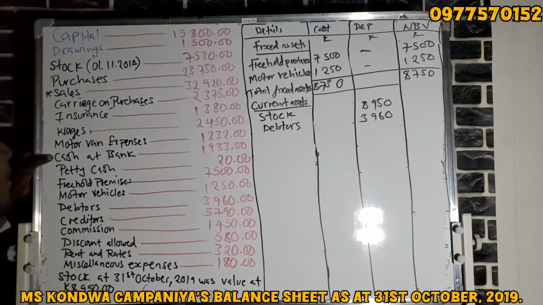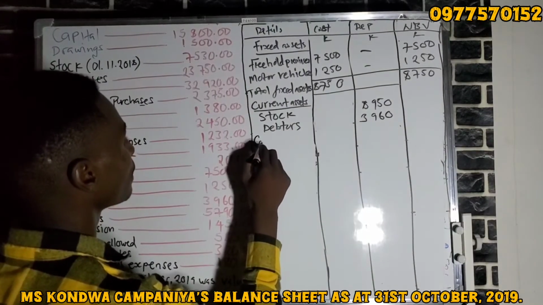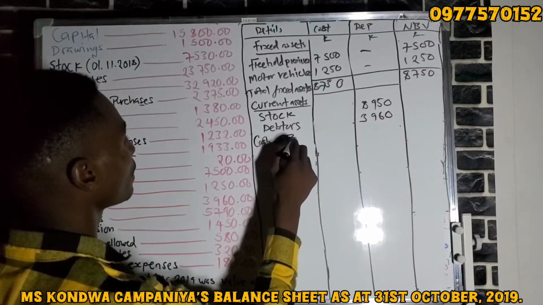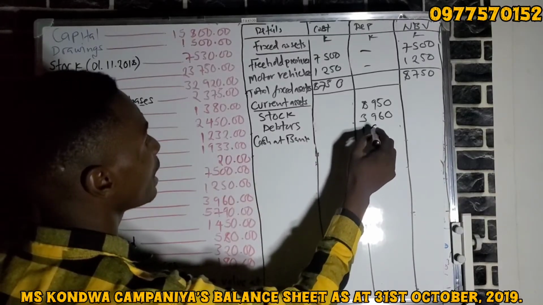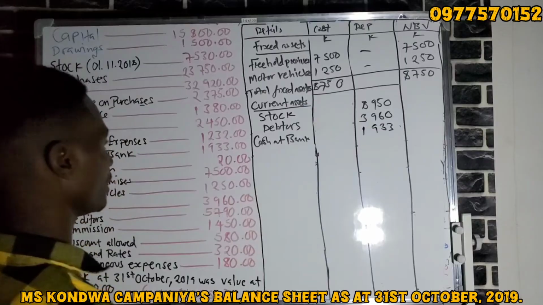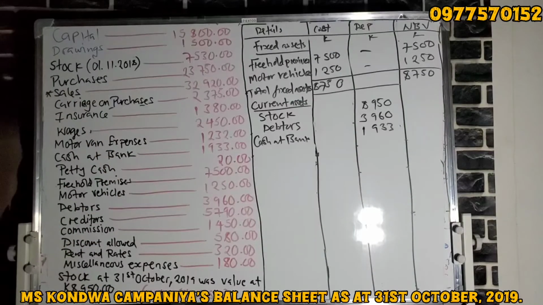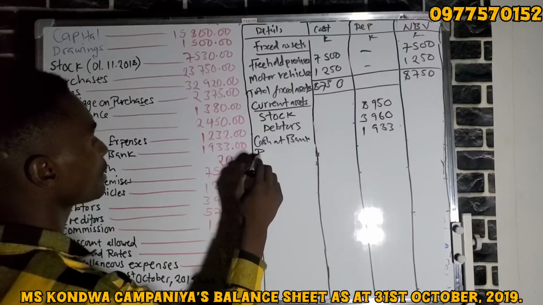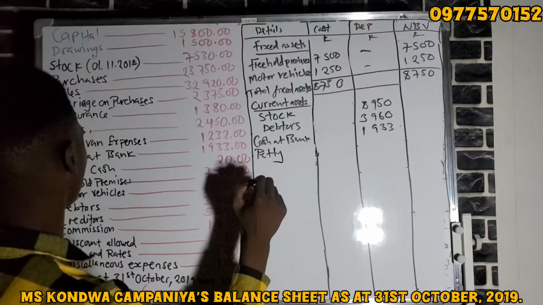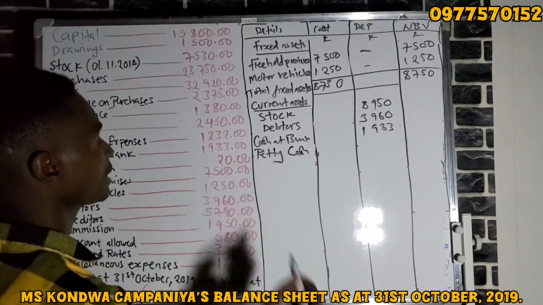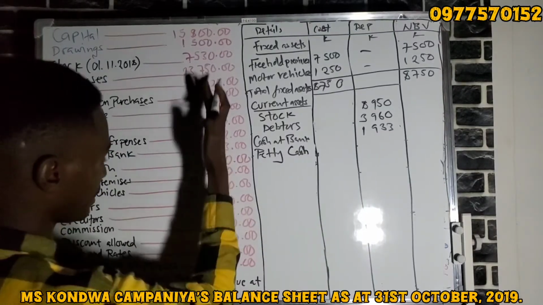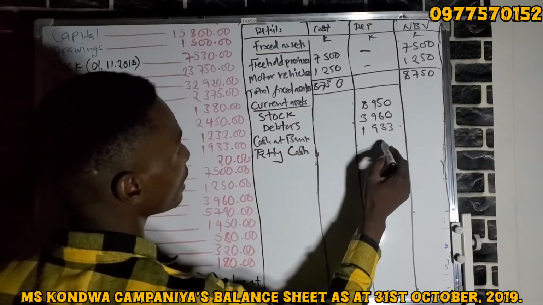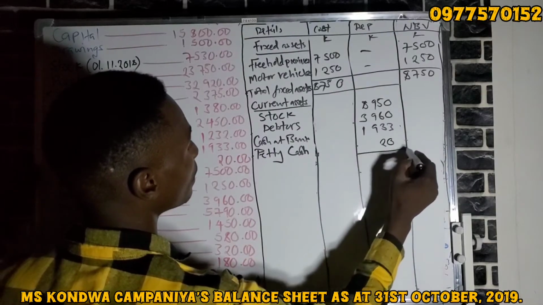Yes, cash at bank is 1,933. Now we check, do we have cash in hand? We have petty cash, which is just the cash in hand. Petty just means small cash. Even here you can see this is the smallest here as 20 kwacha. I think that's all.